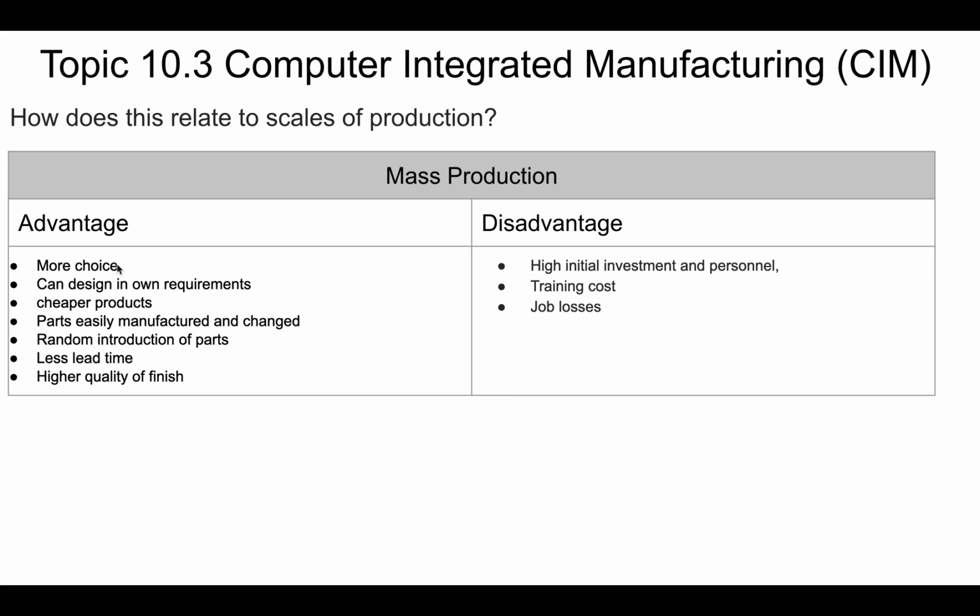But with computers controlling it, you can add more choice to that. You can design its own requirements. Cheaper products again. Things are cheaper, parts are easily manufactured and changed, random introduction of parts, less lead time, higher quality. Those are very similar to batch production. So there's a high initial investment, training costs, and job loss.